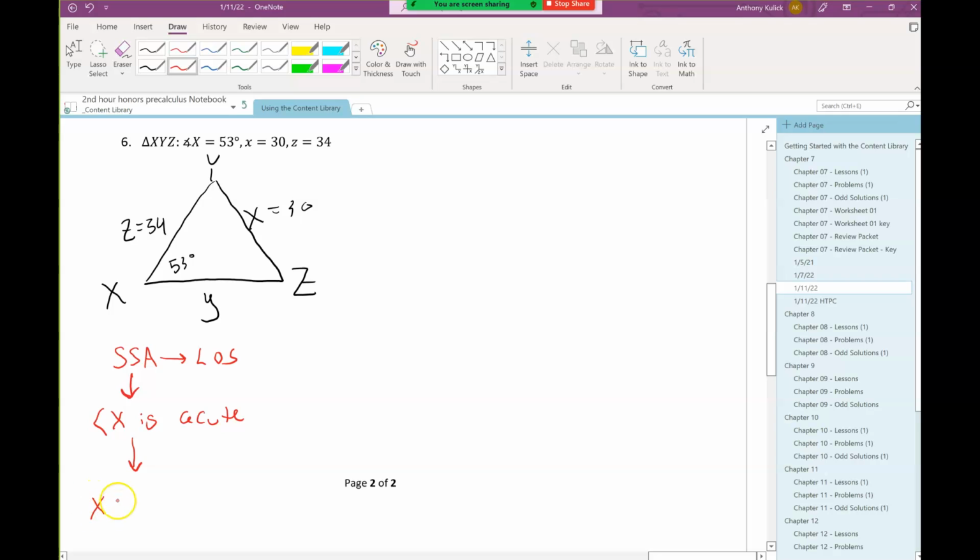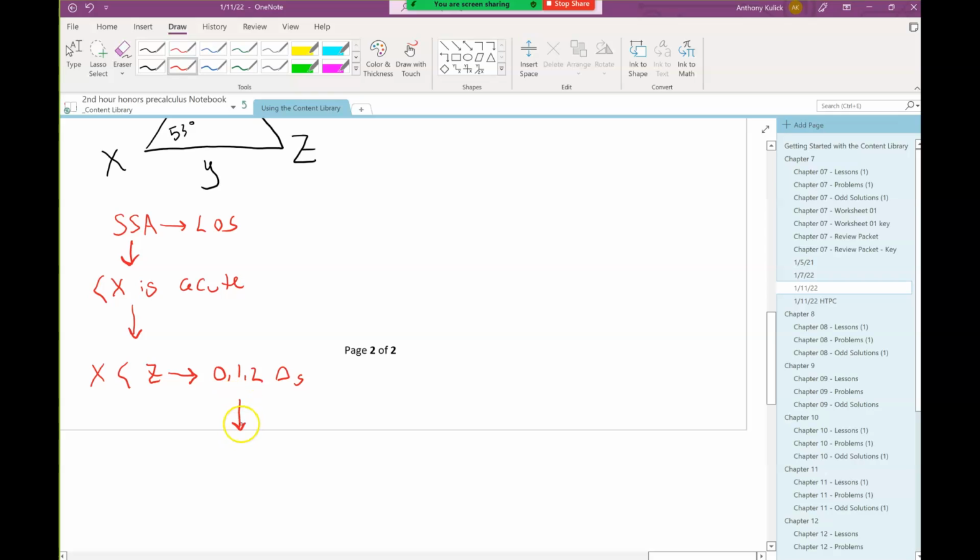Basically, what I need to do is look at the side opposite my given angle, that's side X, and compare it to the other given side, that's side Z. What's the relationship between side X and side Z? Side X is smaller than side Z. Very good. So that is the worst case scenario where we have 0, 1, or 2 triangles, and we need to do that additional step to confirm which one of those it is.